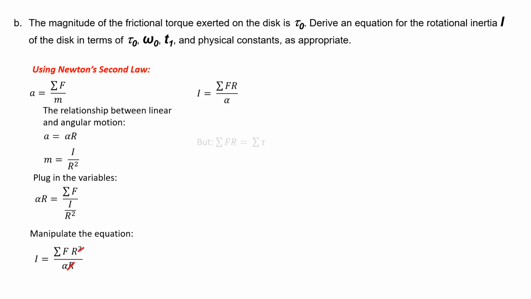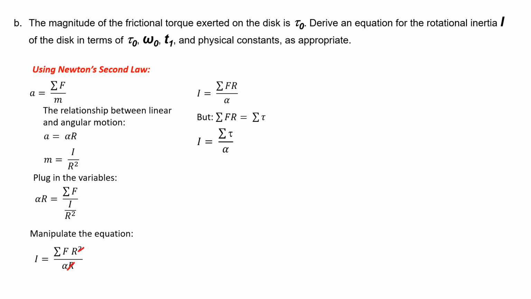Simplifying it further, we also know that force, or the net force for that matter, multiplied by r is the torque. So that's the definition of torque. So now we can replace it: I, or moment of inertia, or rotational inertia, is equivalent to the sum of the torque, or the net torque, divided by the acceleration.